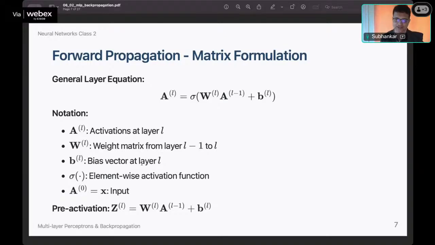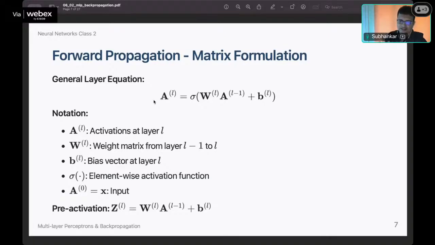So the equations are very simple. It is W multiplied by A, the dot product, plus B. All this is done, and then a non-linearity is applied, that is sigma, and then that goes to A^L. So A^0 becomes A^1 after these operations. This is the first layer operation.